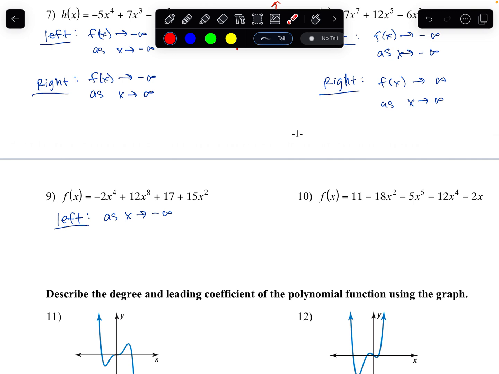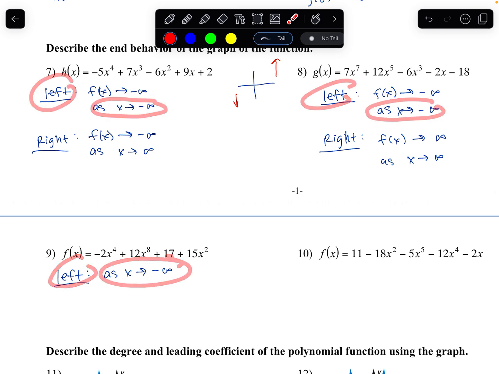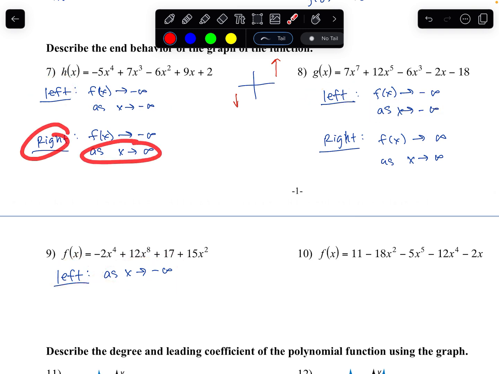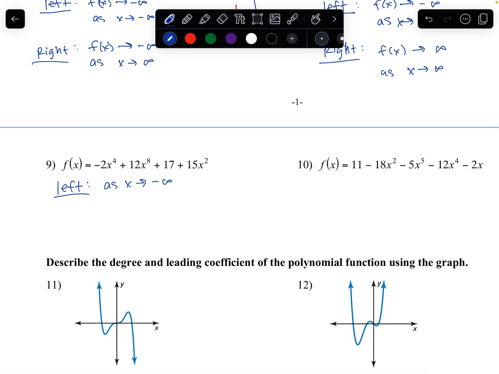By the way, if you're approaching the left side, x is always approaching negative infinity. If you're approaching the right side, x is always approaching positive infinity. So as x is approaching negative infinity, f of x is going to approach negative infinity as well.